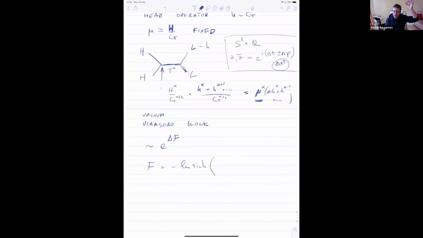So in other words, what I'm computing here is a 2-point function of light operators in the background of heavy operators. So in these coordinates, this f is just equal to square root of 1 minus mu over 2 times delta x plus. In terms of z coordinates, delta x plus is the same as log z. So we're going to have something like square root of 1 minus mu over 2 times log z. So this is what this function f is, okay?